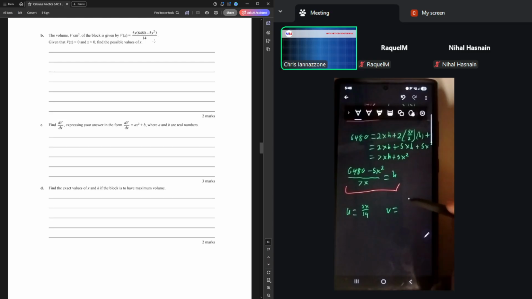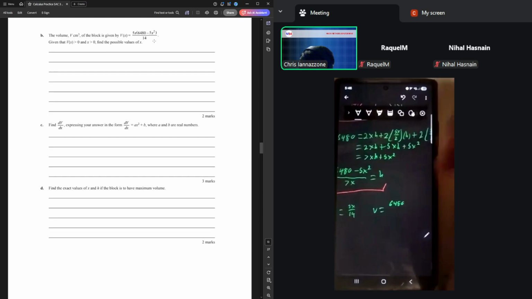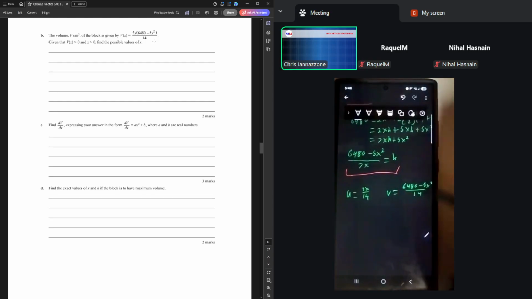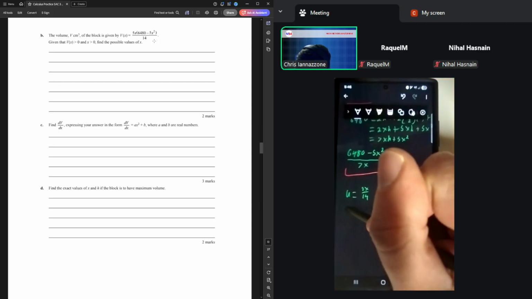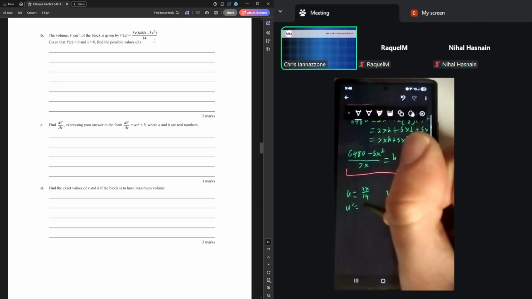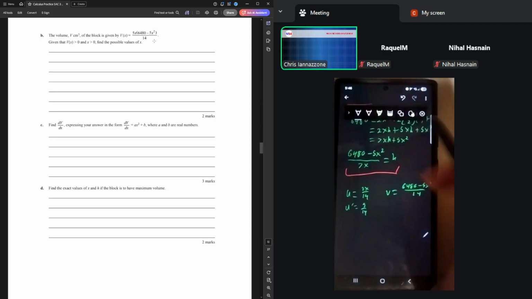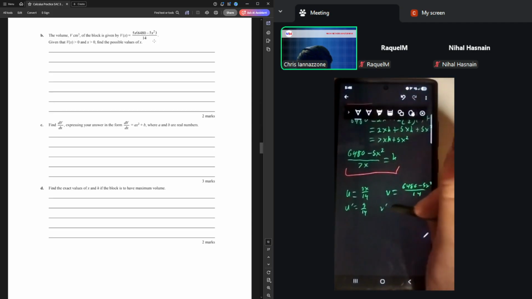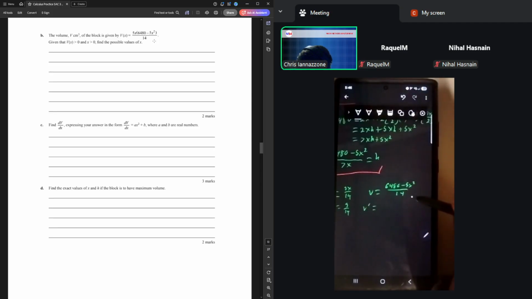Maybe 6480 minus 5x squared on 14, and if you can't be bothered diffing any one of these, which shouldn't be an issue, you can CAS it out. That one's going to be the 5 on 14, the x's are going to disappear, and now you're going to have negative 10 on 14, which is negative 5 on 7x.